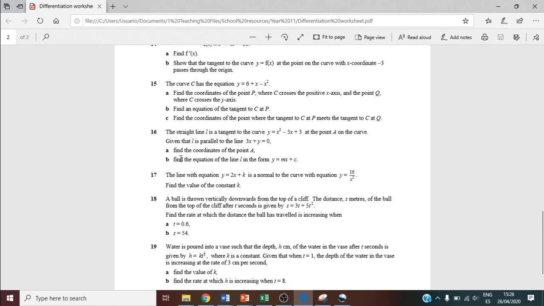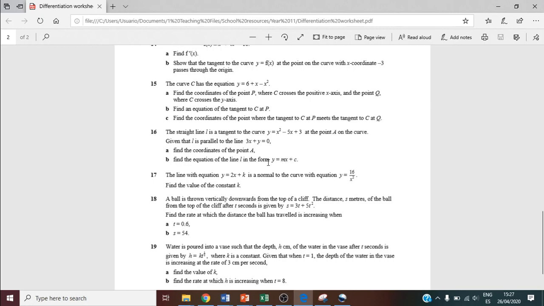For question B, find the equation of the line L in the form y = mx + c. Now this is another really challenging one, like the one I just did for you on the slide. You just worked out what the gradient is from here, so we know what m is. You know a coordinate on the line, so an x and y value that go together, so we'll substitute the x value in here, the y value in there, and the only thing you don't know again is the c.